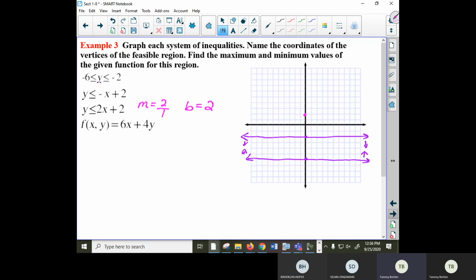So I'm going to go up to 2, and then I'm going to go up 2 over 1, up 2 over 1, up 2 over 1, which is the same as down 2, left 1. And like I said, you want to be accurate so that you can tell where those vertices are.